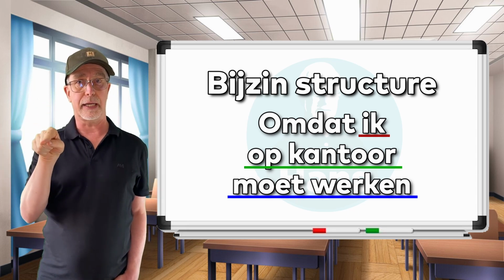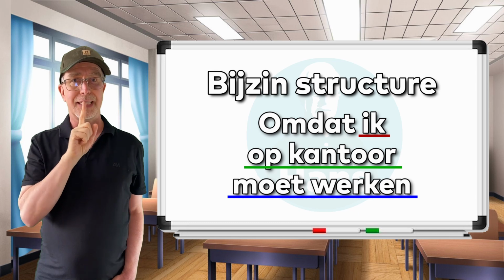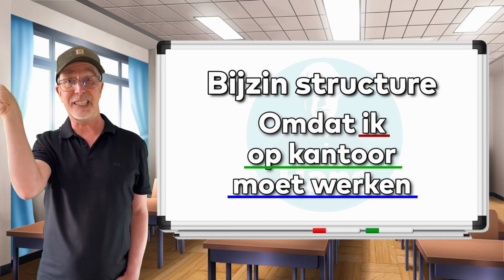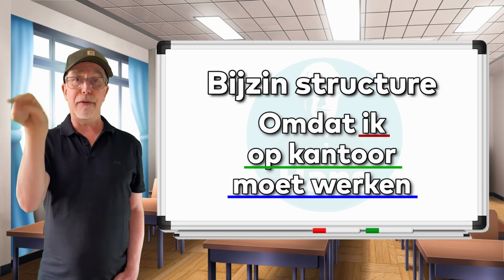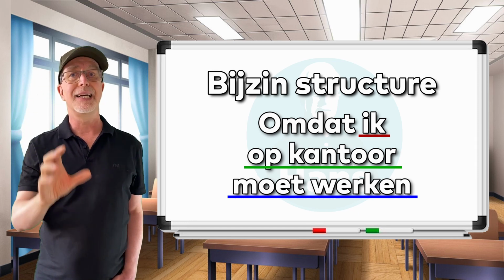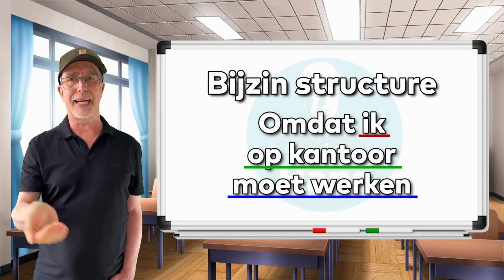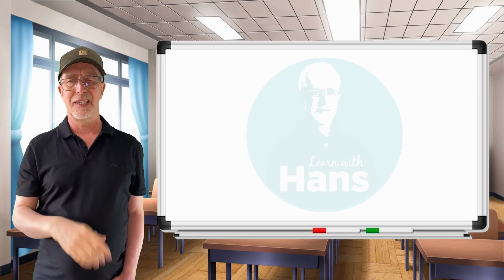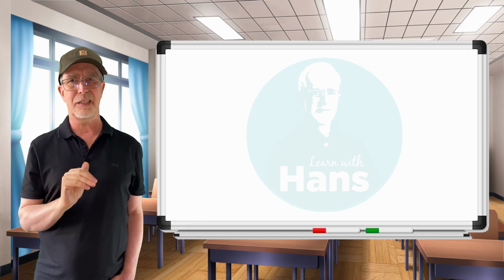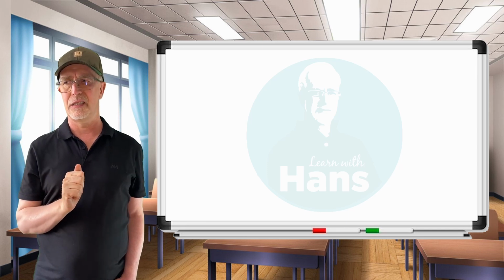Moet werken. Notice that again, my action is last, werken. And before it, I have the obligation, moet. This is how the bijzin works. Now the next question: when do we use this bijzin?